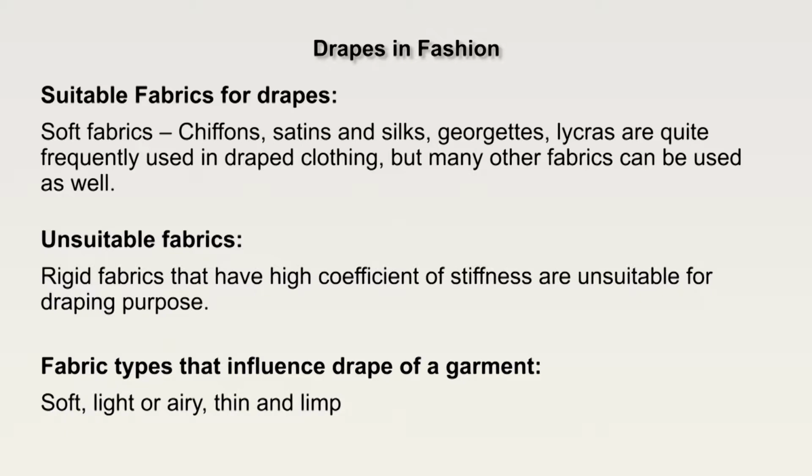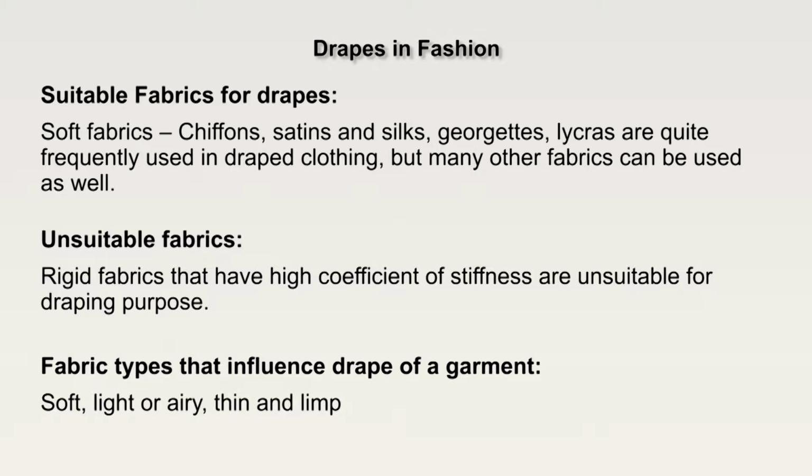Suitable fabrics for drapes are chiffons, satins, silks, georgettes, and lycras, which are frequently used in draped clothing. Many other similar fabrics can be used as well.